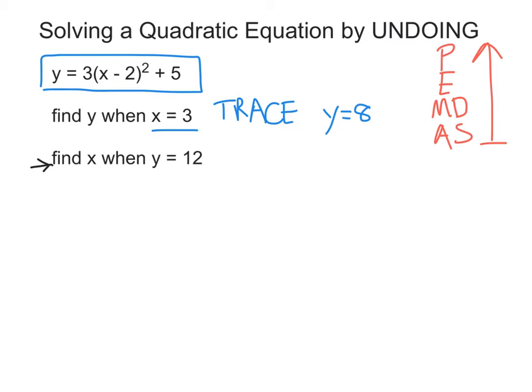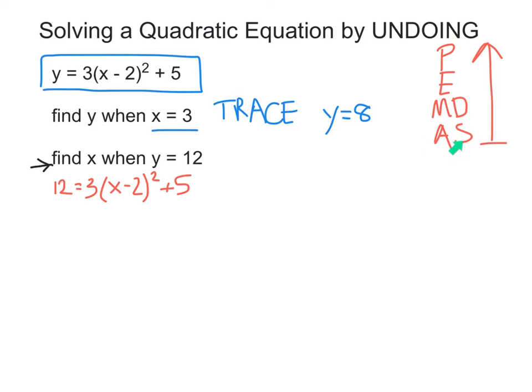All right. Now for find x when y equals 12. So in this situation, we are going to put 12 in for y. So I'm just rewriting the entire equation with 12 put in for y. Now to solve by undoing, again, we're going to use the PEMDAS steps.